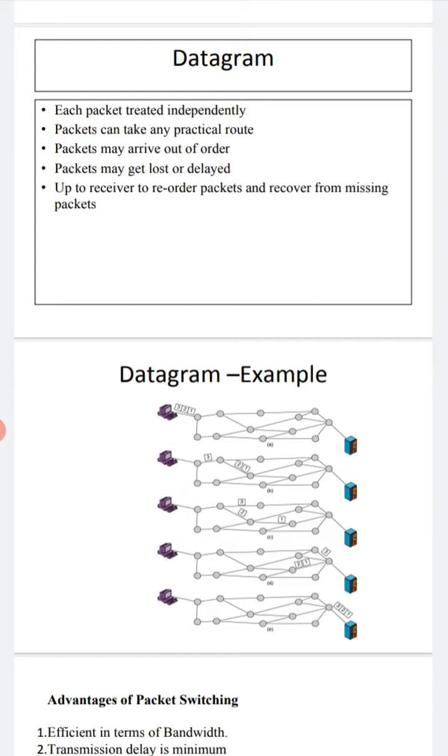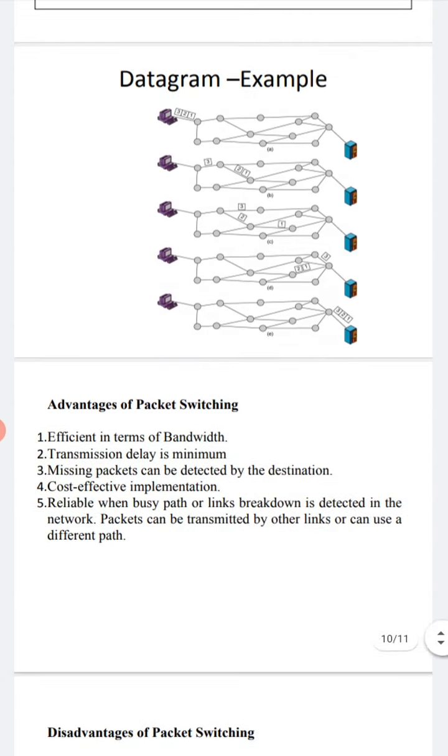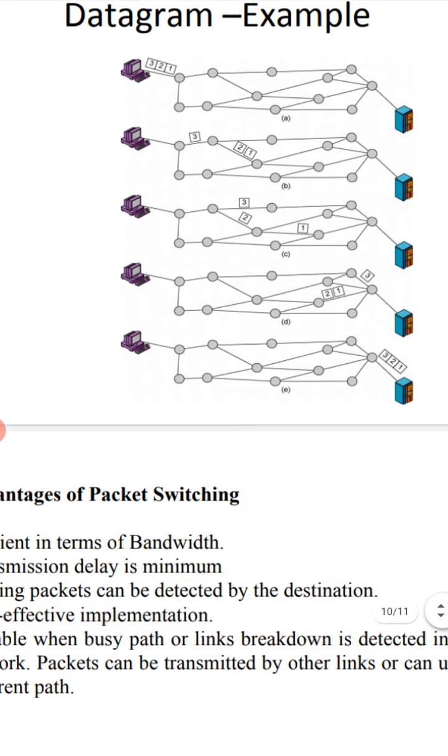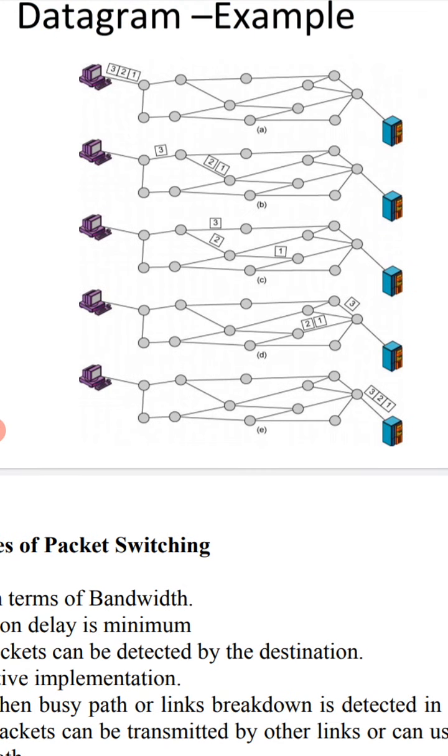So this is another example. Here also there is a source and destination. First, there are 3 packets, 1, 2, 3. In the first diagram, the A diagram, sender and receiver, the sender is going to send 3 packets, 1, 2, 3. Then in the second diagram, B diagram, first send packets 1 and 2.